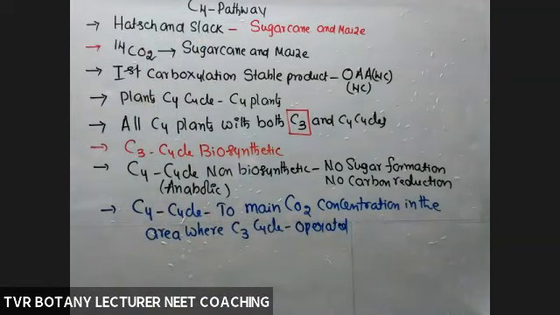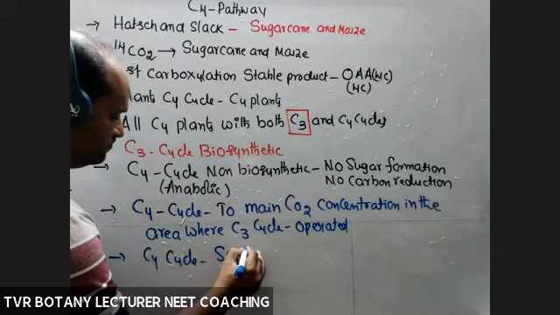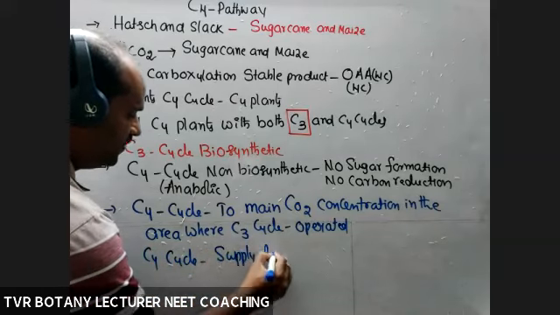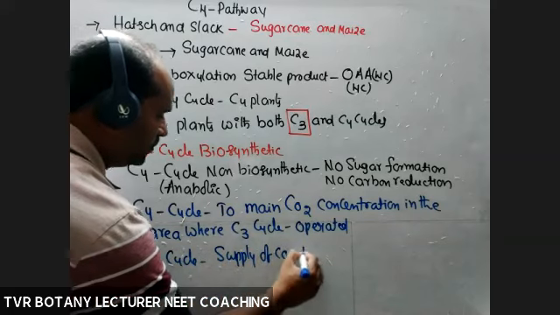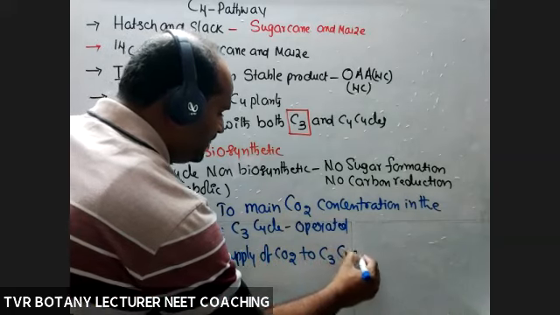So simply, what is the purpose of a C4 cycle? To supply CO2 to the C3 cycle. So you can write one more statement: C4 cycle is concerned with supply of CO2 to the C3 pathway or C3 cycle.